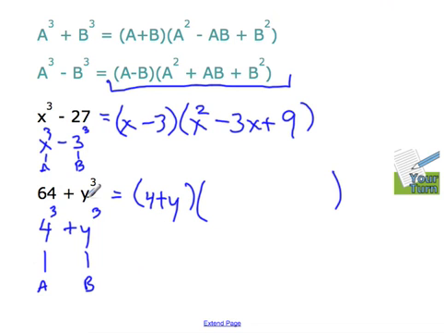And then a is 4, so 4 squared, that's 16, minus 4 times y, which is 4y, plus b squared. b's y, so y squared. Done. So all I'm doing is using a formula and recognizing that it's a cube and it's a sum of cubes or a difference of cubes.